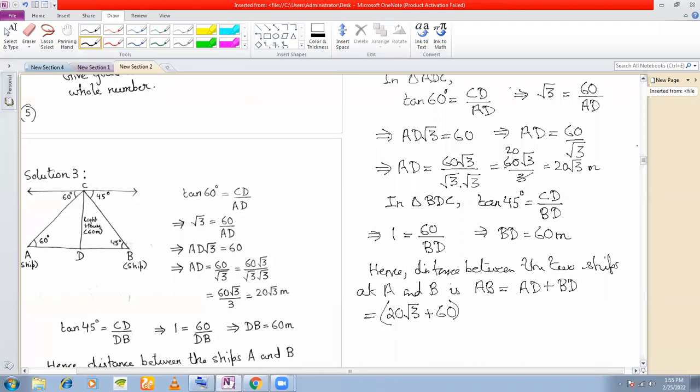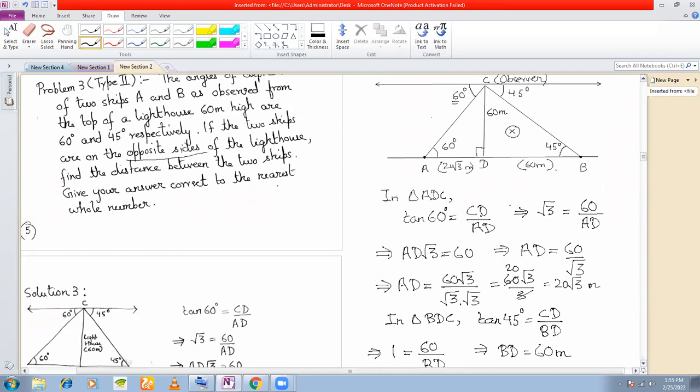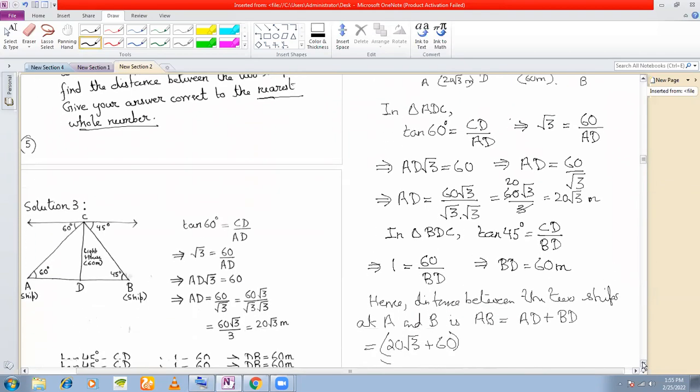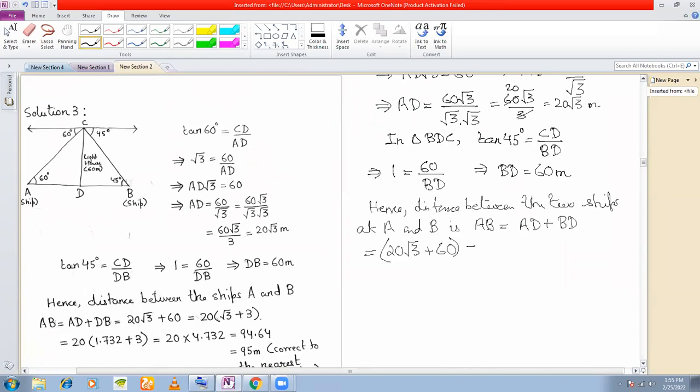Now they have asked you the answer to the nearest whole number, okay? So we want to convert this to the nearest whole number. How do we convert this?